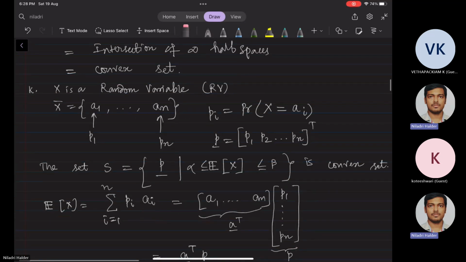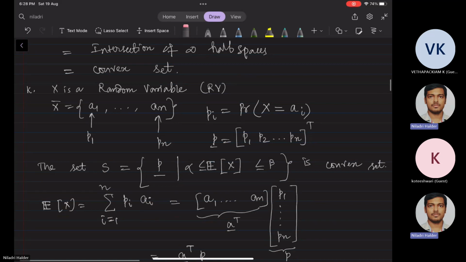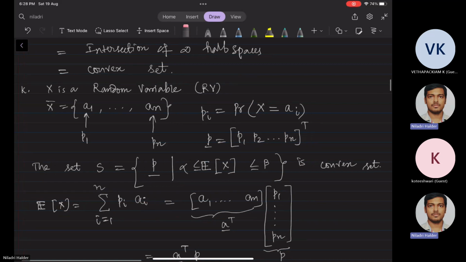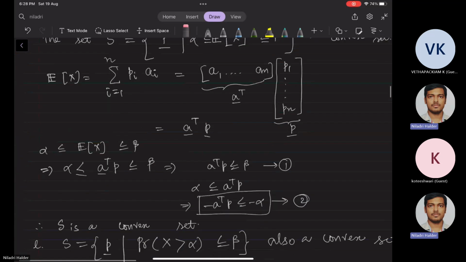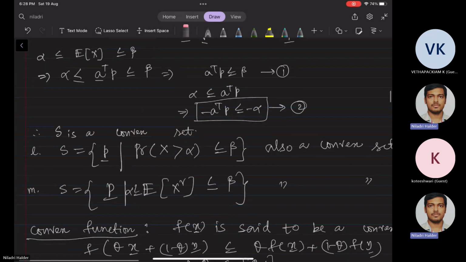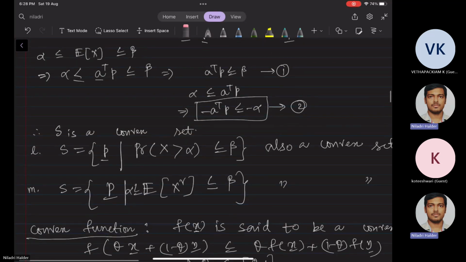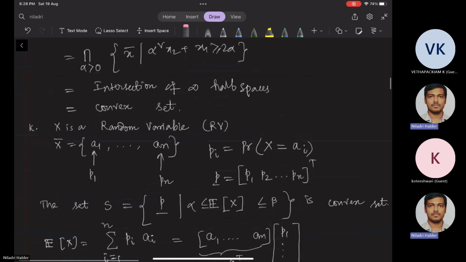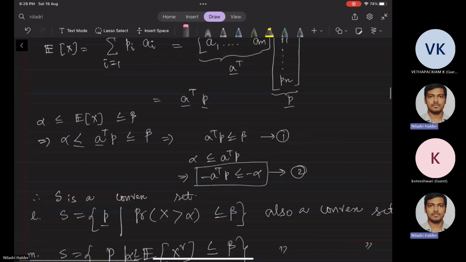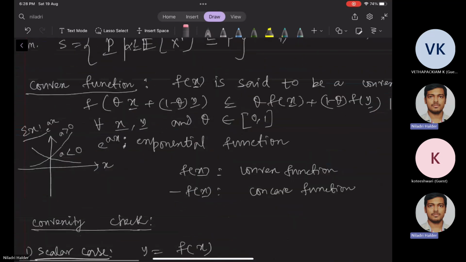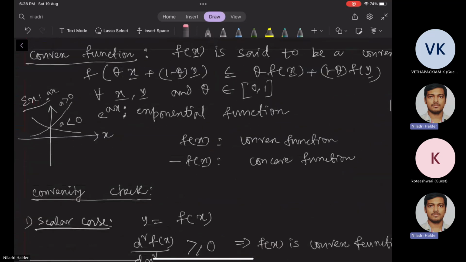The L1 norm is greater than or equal to the L2 norm, which is also greater than or equal to the infinity norm. Then there are some sets for which we need to show whether they are convex or not. Then, what is a convex function?